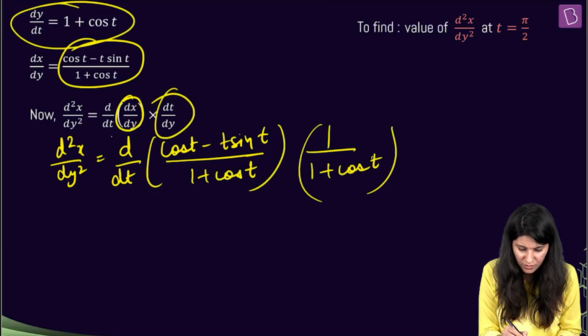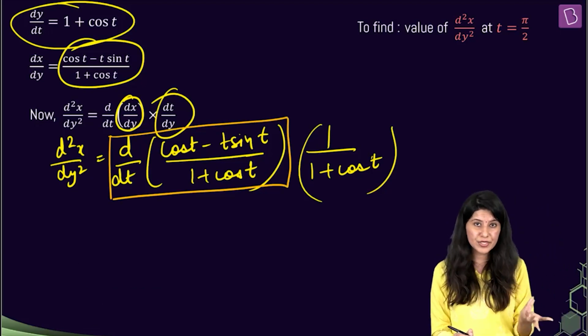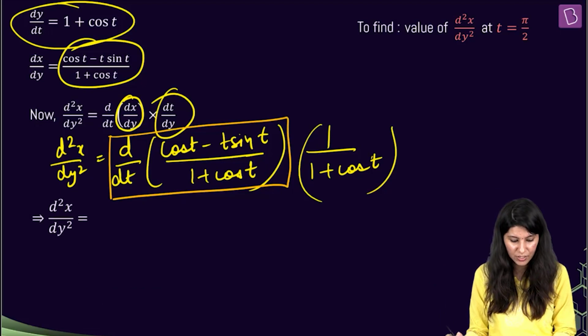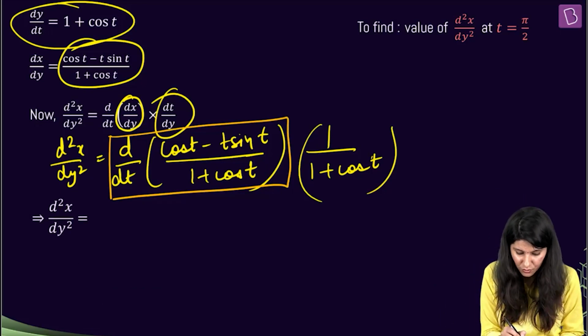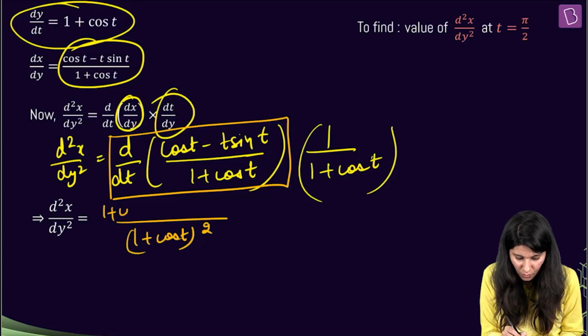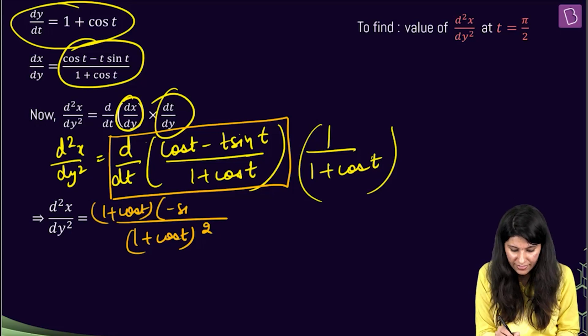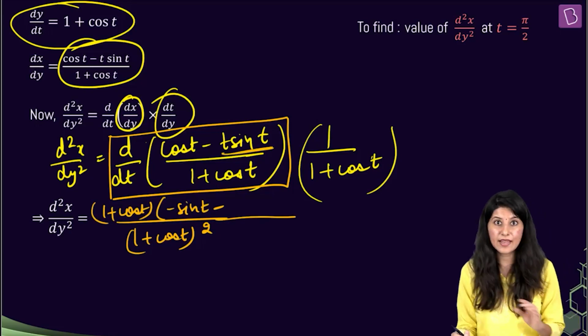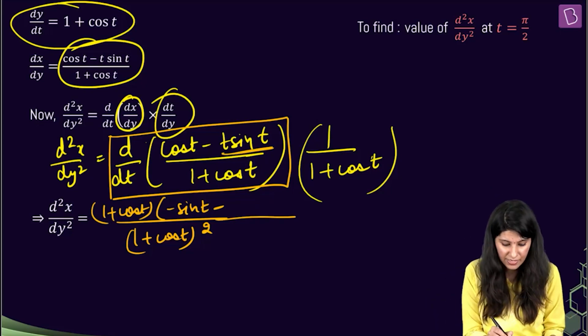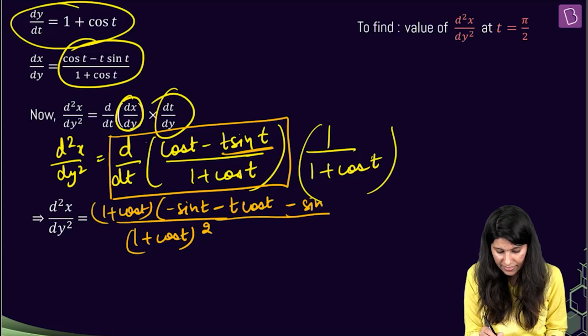Now you see the question looks easier. This is what we are looking for. Quotient rule you need to apply. You know how to do that. So d2x by dy square, let's apply quotient rule. So (1 plus cos t) whole square, and then 1 plus cos t as it is. Derivative of numerator would be minus sin t, and then minus sin t, but here product rule: t as it is, then cos t, then minus sin t as it is.